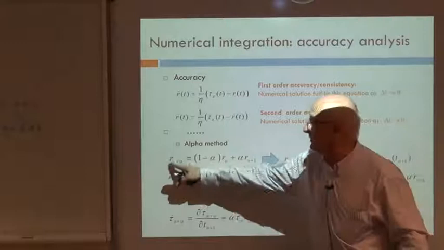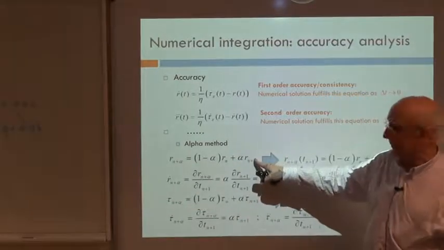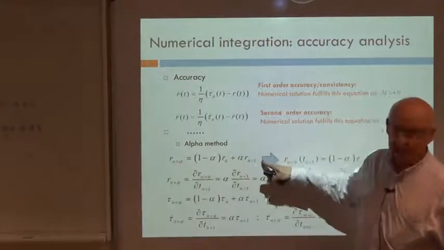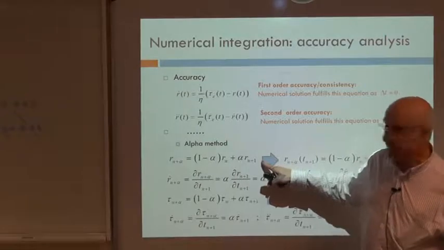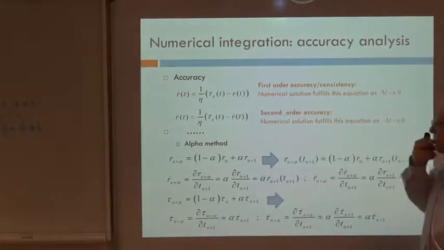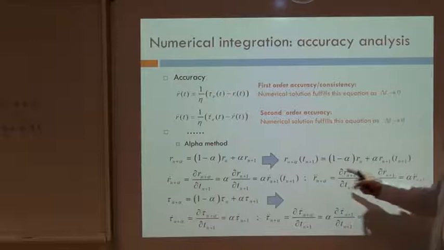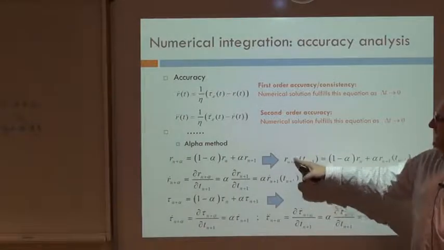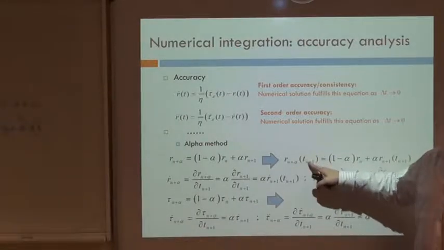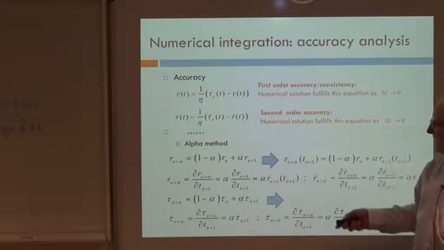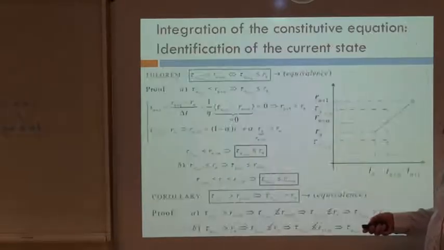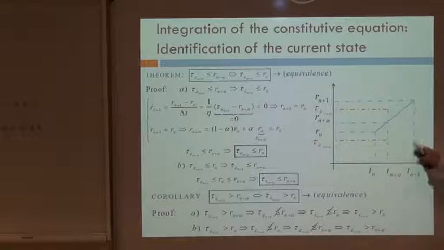In the alpha method, we just did this interpolation, I recall, the interpolation of R, that was the basis of the method, in this way. So, in other words, R n plus alpha depends on T n plus 1. So the solution at R n plus alpha, maybe going back to this equation here, depends on how far I take this time.